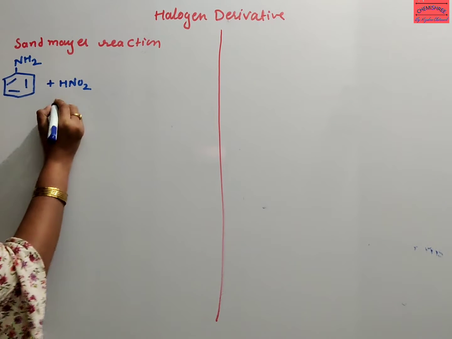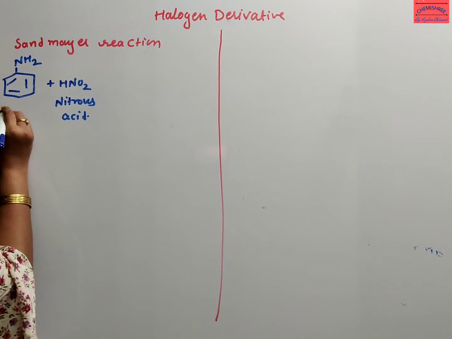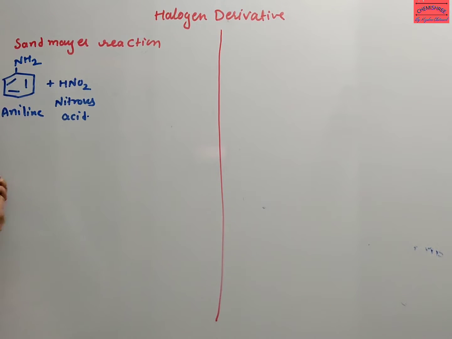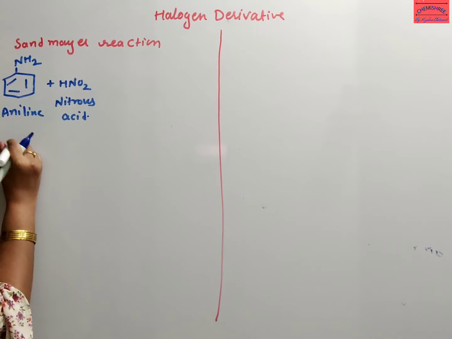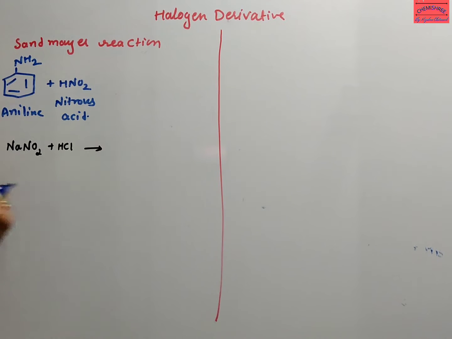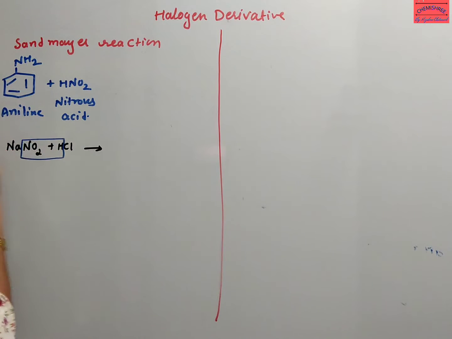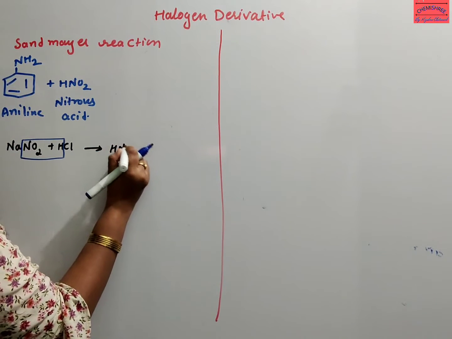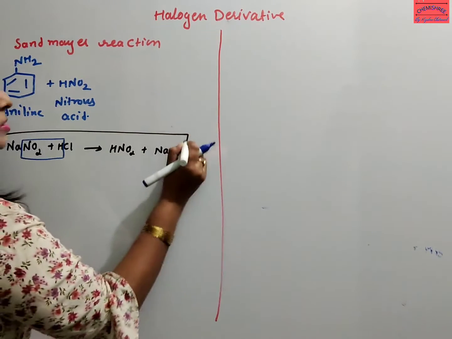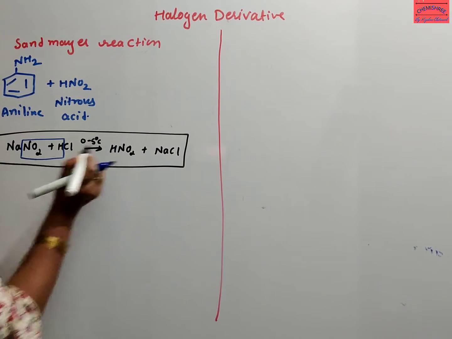So this nitrous acid is an unstable compound, so it is prepared by NaNO2 plus HCl. So what will happen? HNO2, nitrous acid, is formed plus NaCl. The reaction takes place at 0 to 5 degrees Celsius.